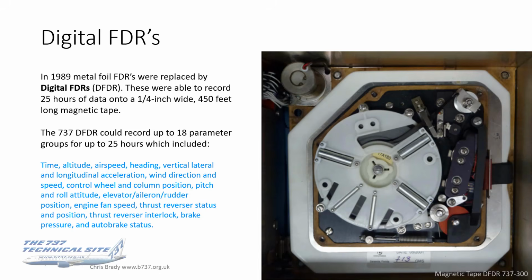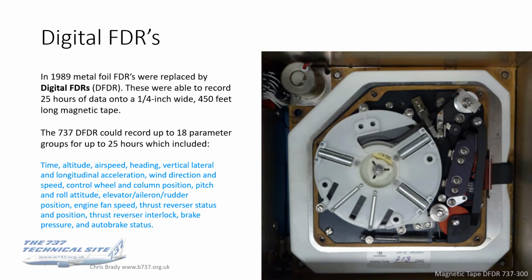This was the next stage, and the foil ones were replaced in 1989 by so-called digital FDRs, and these could record 25 hours of data onto a 1/4 inch 450 foot long magnetic tape. So we're onto magnetic tape here.